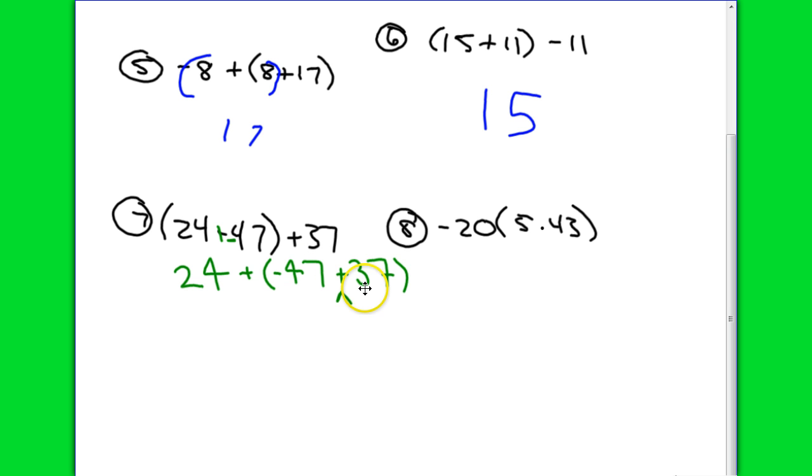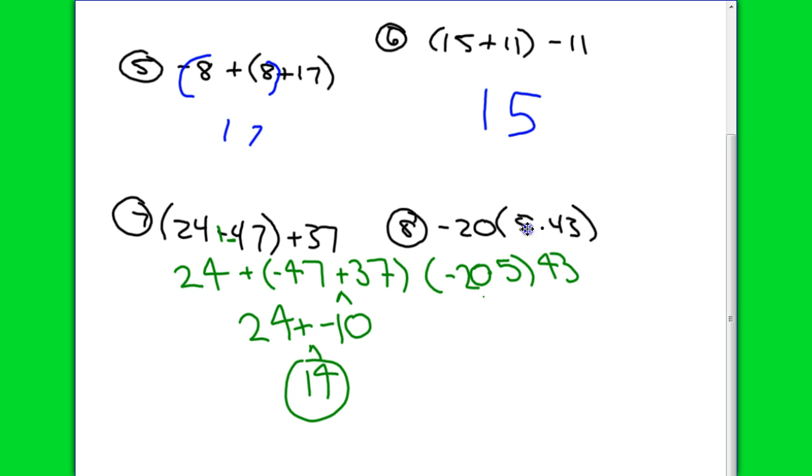Negative 47 plus 37 is negative 10. Great. Bring down 24. Beautiful. And 24 plus negative 10 is 14. Very nice. Okay. And so Emma noticed that multiplying 20 times 5 is really easy.